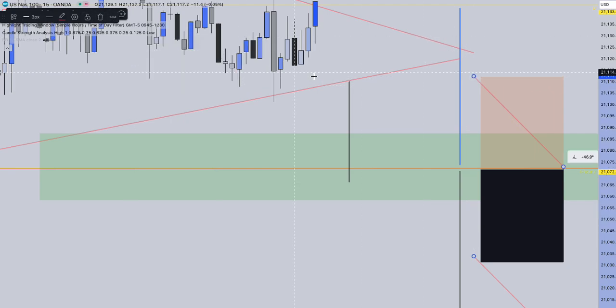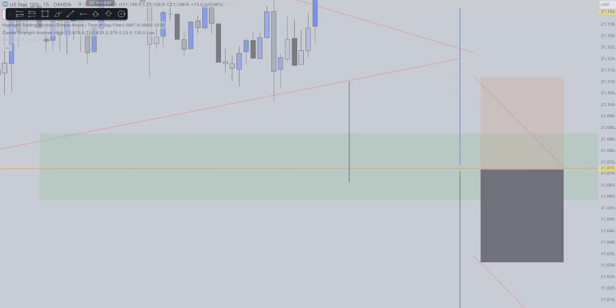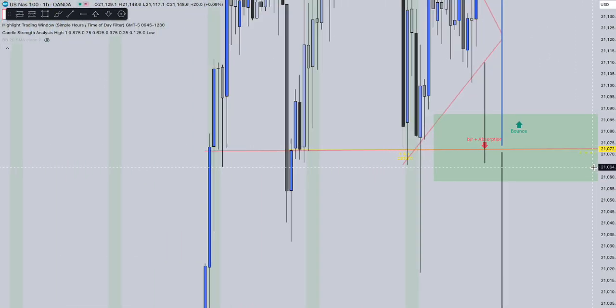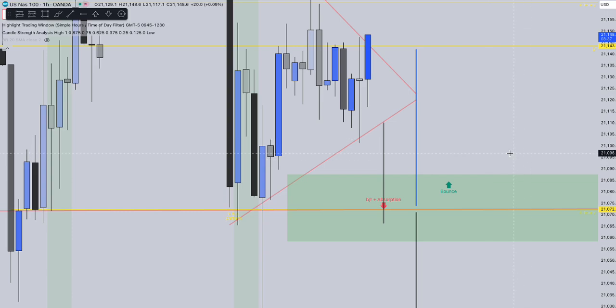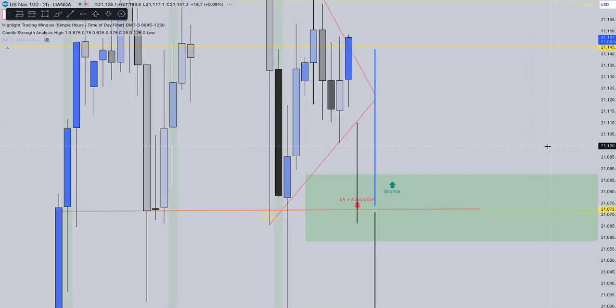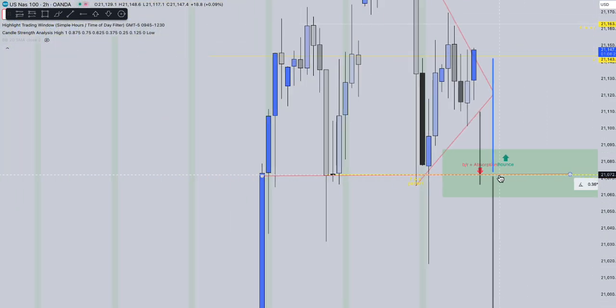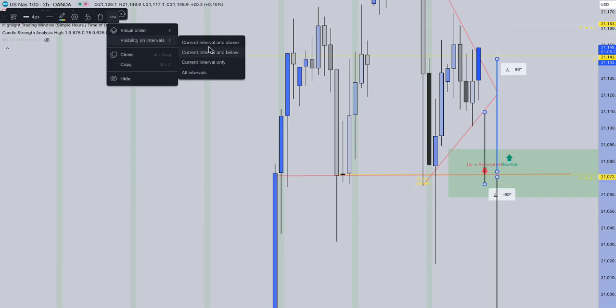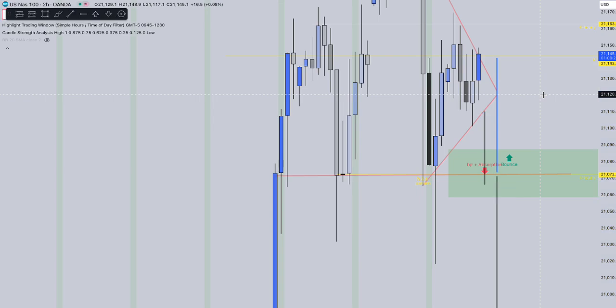Interval and below. We go to 30 minutes, an hour. Same with these ones too. I typically have them, I think I'm 2 hours honestly. 2 hour interval and above.